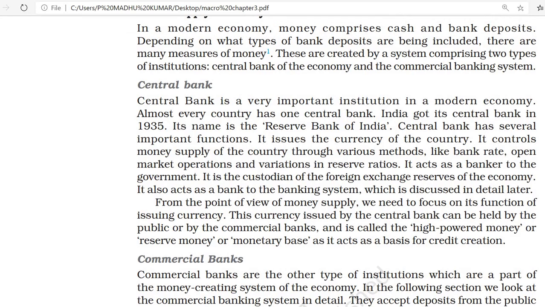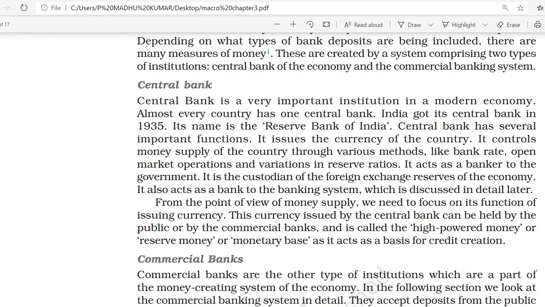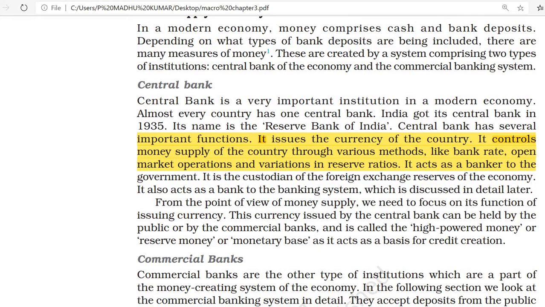It issues the currency of the country, and it controls the money supply through bank rate, open market operations and various reserve ratios. Through these, the central bank controls the money supply, and it acts as a banker to the government.